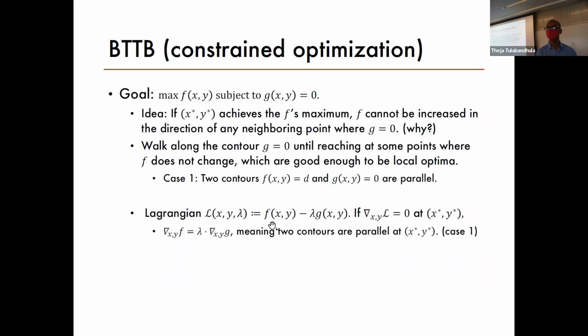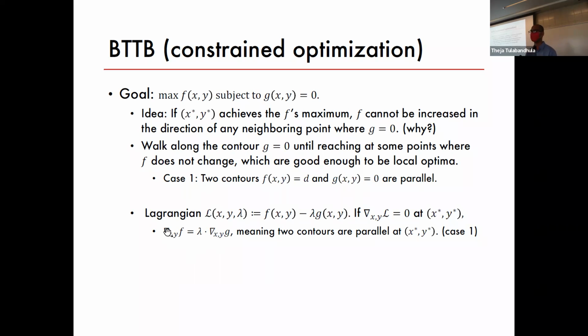If you set the gradient of the Lagrangian with respect to x comma y equal to 0, then you can see that the gradient of f minus lambda times the gradient of g equals 0. Which means that the gradient of f is equal to lambda times the gradient of g, right? This is just by definition. If the gradient of the Lagrangian is 0, then this is true, right? So this expression here is exactly capturing our case 1.